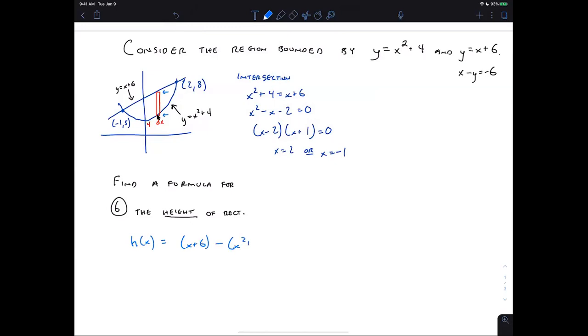Bottom y is x squared plus 4. So we get -x squared plus x plus 2. Does that make sense? Any questions on that? All right. Now, last question related to this.